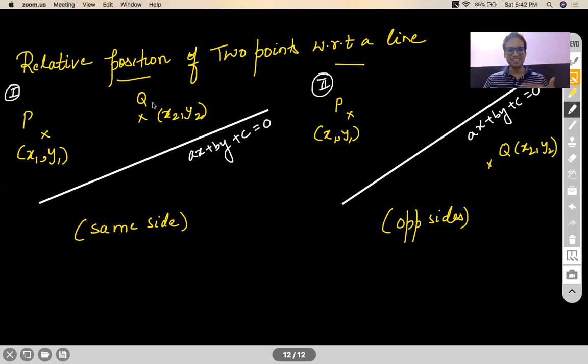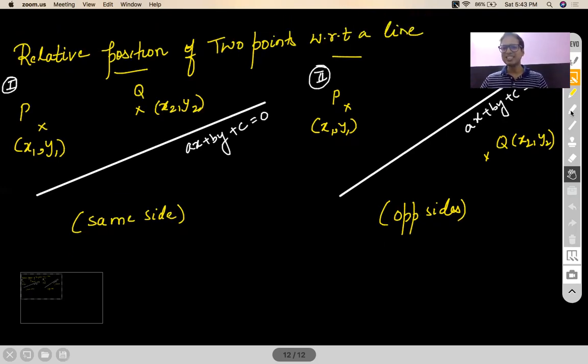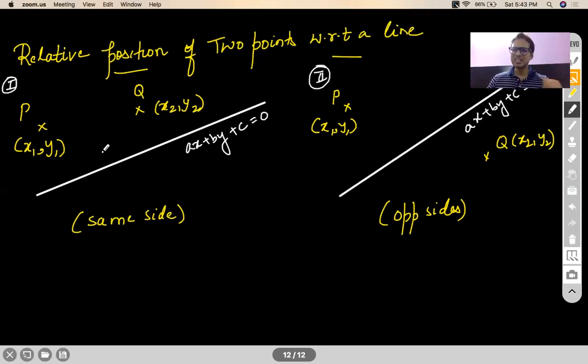Okay, now let me explain to everyone what we actually conversed between ourselves. See, Hariharan told that if you put x1, y1 in this line, the left side of the line, not equal to 0. So in the left side of this line, let's say if I substitute x1, y1, okay. So basically I'll get 2 numbers like this. Okay.